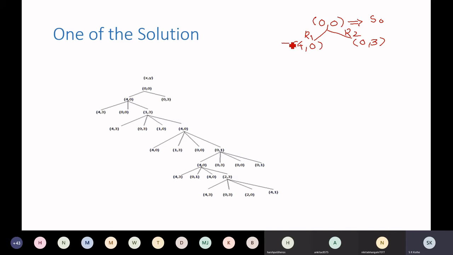Now suppose I have made (4, 0) the current state, I have selected rule number 1. You find a rule which can be applied on this (4, 0). So what are the possible rules? One of the rules is (4, 3). What is this rule? You fill the 3-gallon jug. And another possibility is (1, 3).